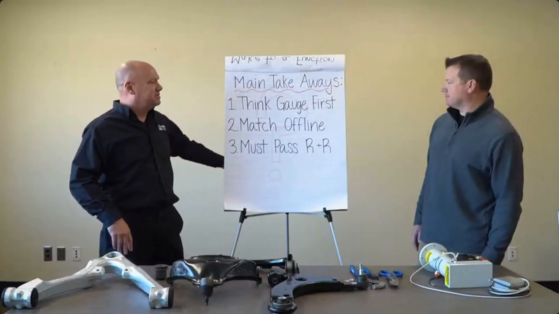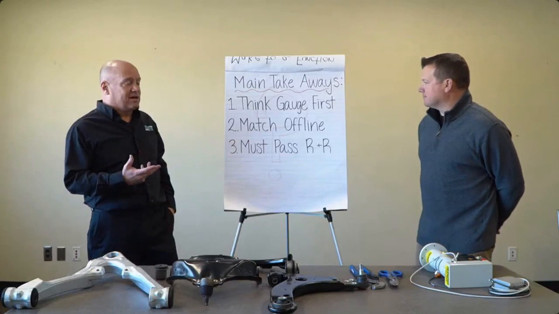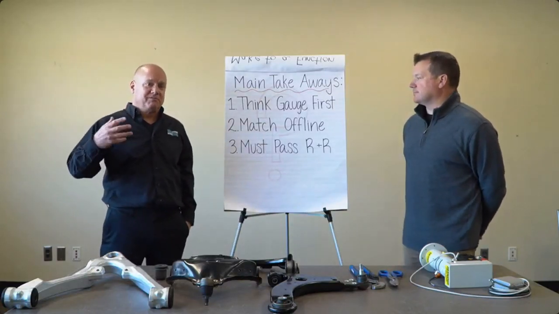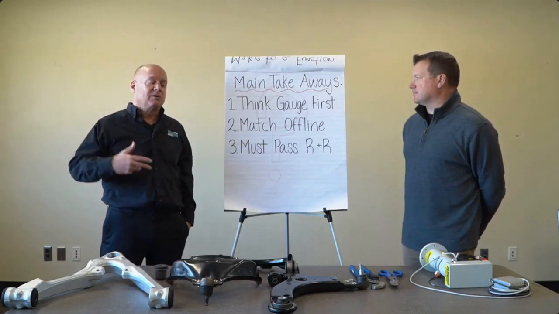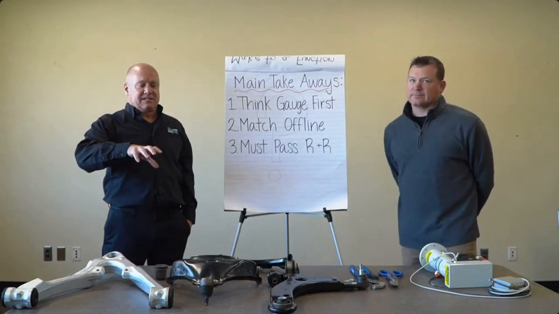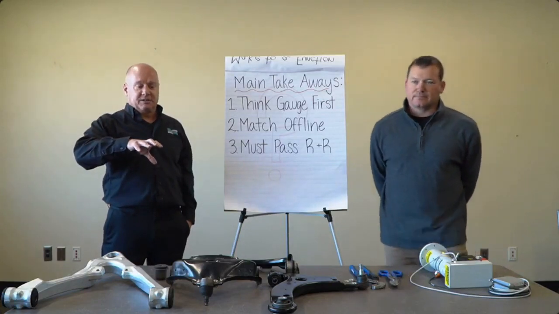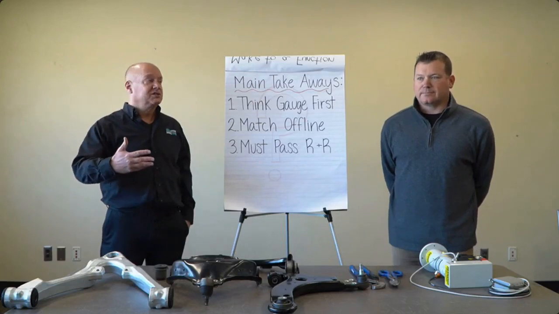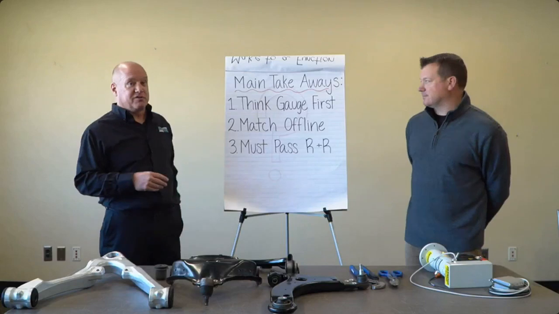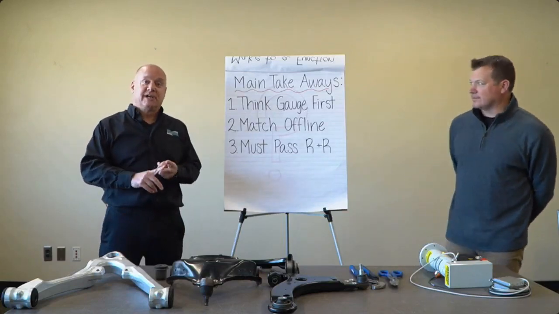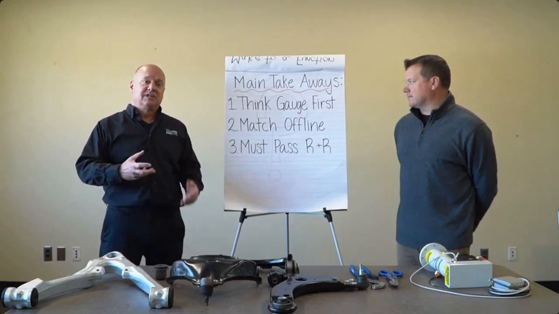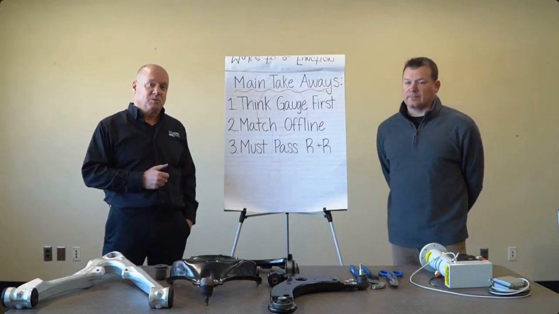We've mentioned these before. Main takeaways: if you get one piece of information from this little talk we're doing, and if you have applications like this and you're interested in trying to use one of these types of solutions, the main takeaway is think gauge first, whether you're gauging position, whether you're gauging torque, whatever is the critical function of the item you're working on.